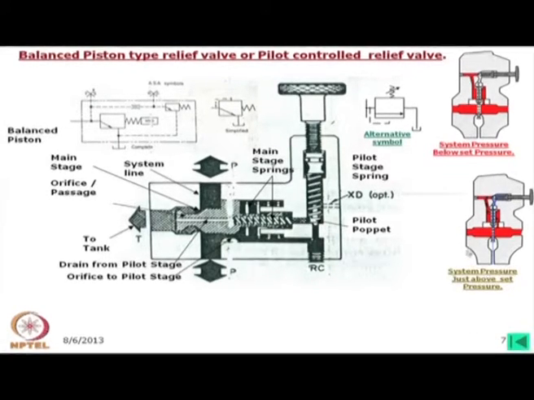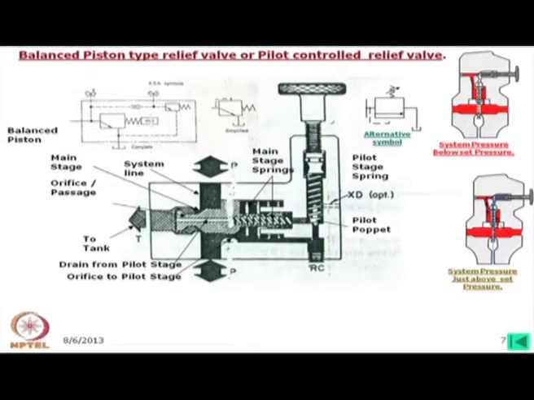Now, when this pressure is above the set pressure, this has opened, the oil has started flowing through this, and there will be an imbalance in the force. Gradually the pressure force here is being reduced, and the pressure force here remains the same.